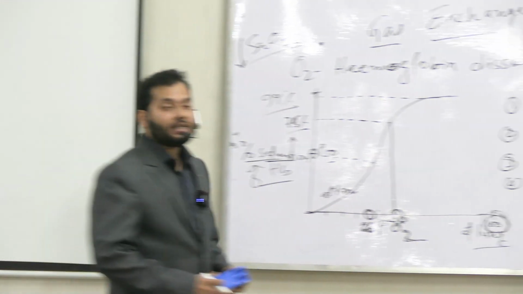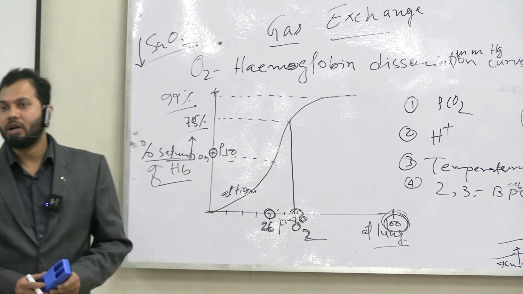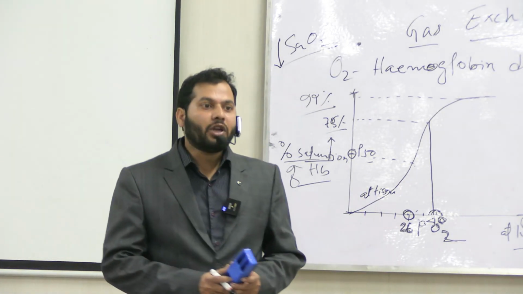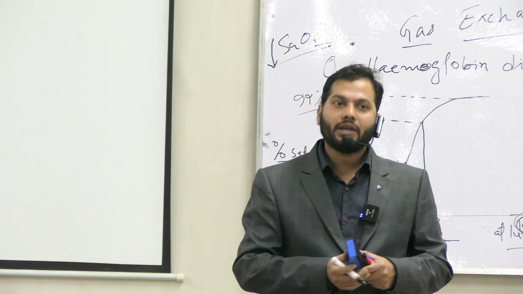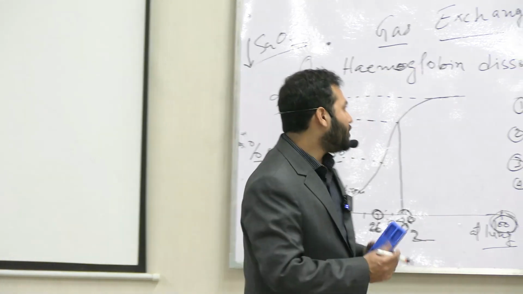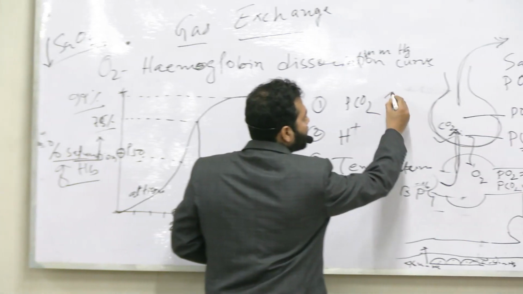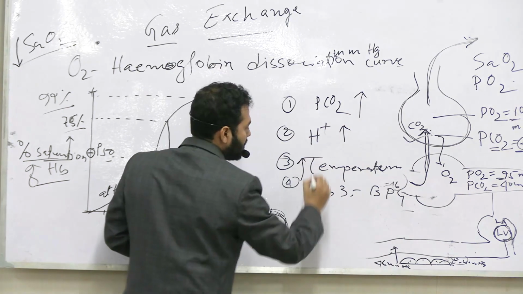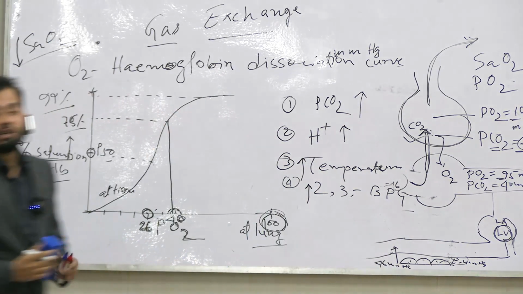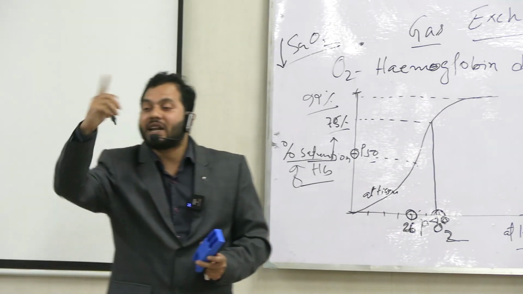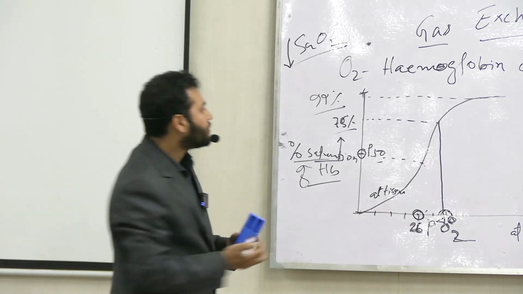So how does it influence? If you see the curve, it influences in two different ways. With the increase of those factors, the curve shifts towards the right side, right?